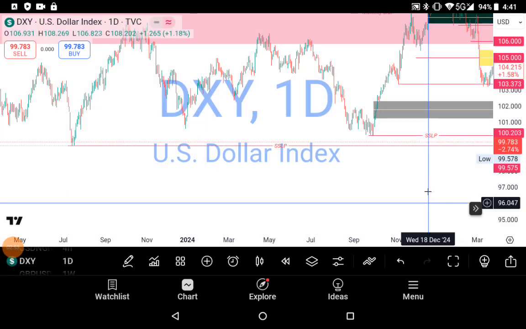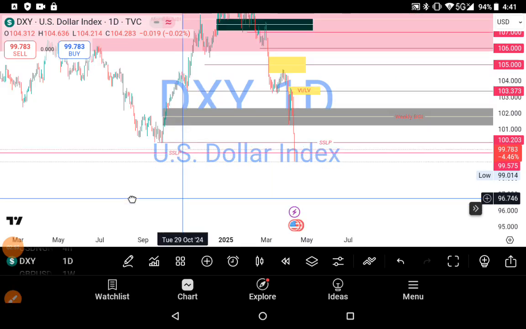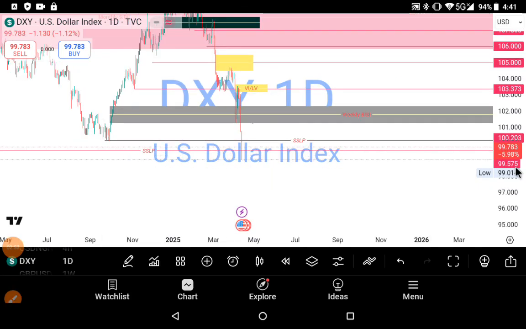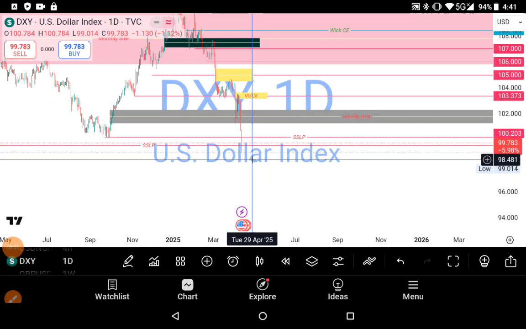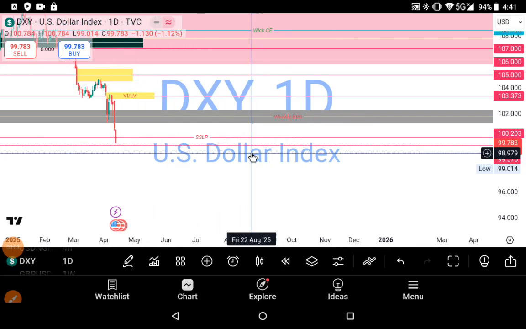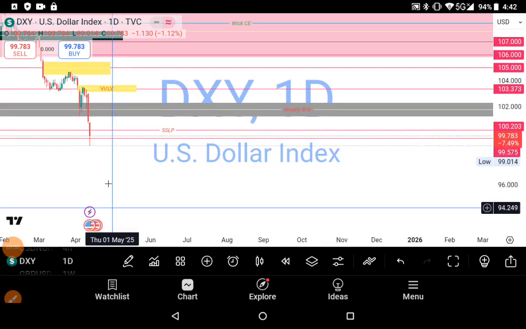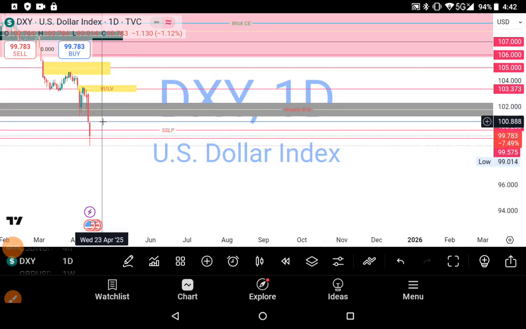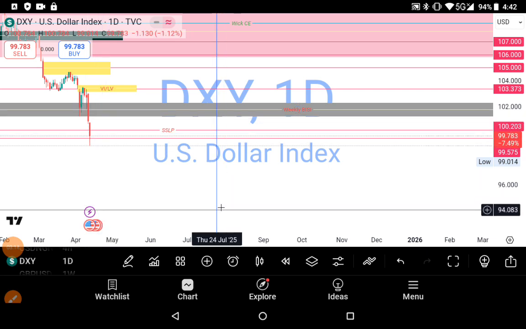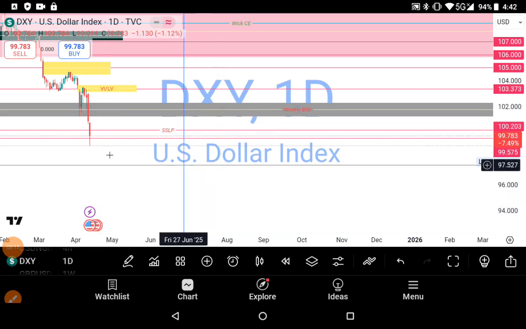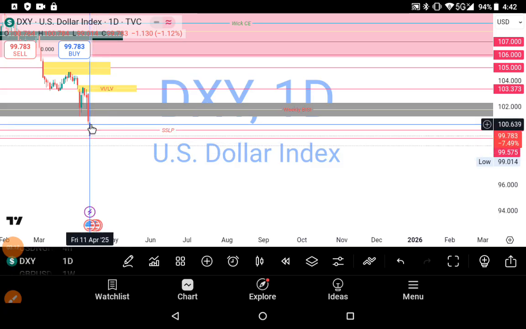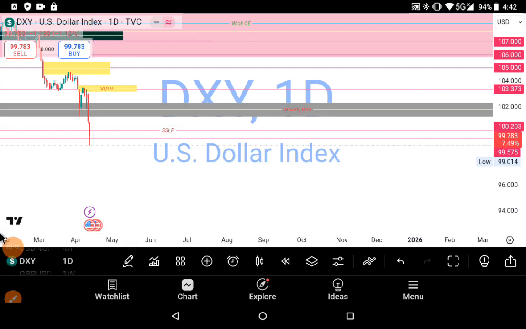Now, the coming week, how will I react to this? The coming week, I'll be watching the market price gravitating back into the 100 level, at least 100.500.